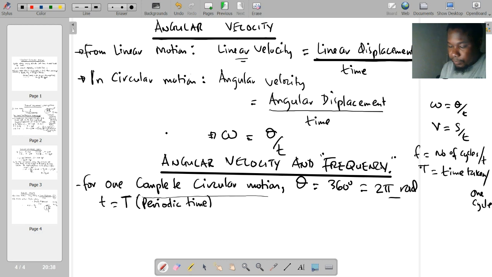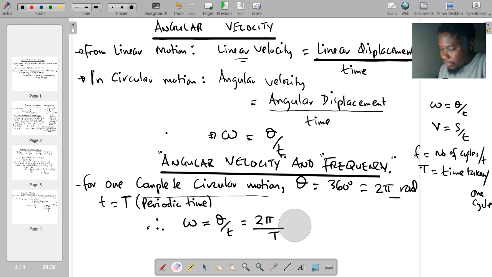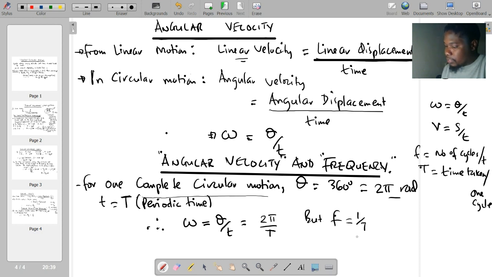Therefore we want to establish a relationship between angular velocity and frequency. We remember that angular velocity is equal to theta over time. So for one complete circular motion, the angular displacement is 2 pi radians over the time period, capital T. So it will be 2 pi over the time period, but frequency is equal to 1 over the time period.